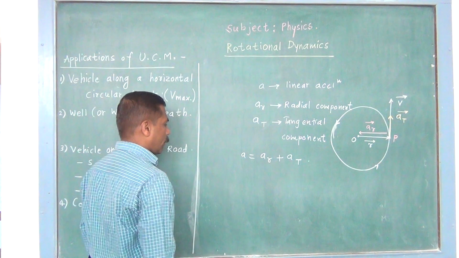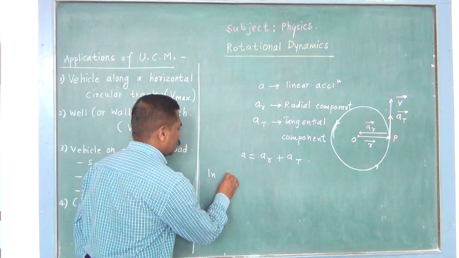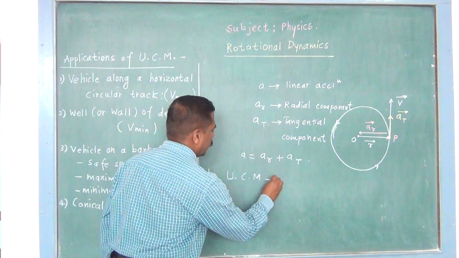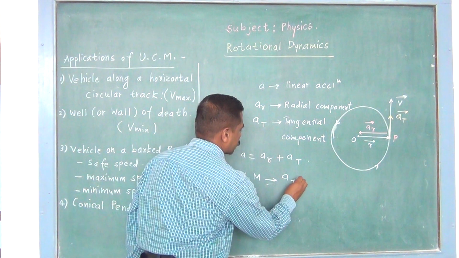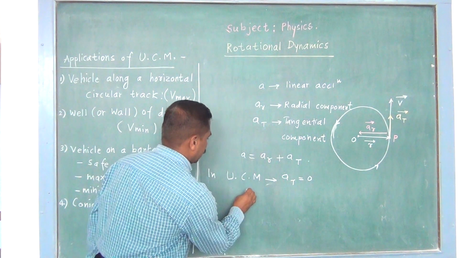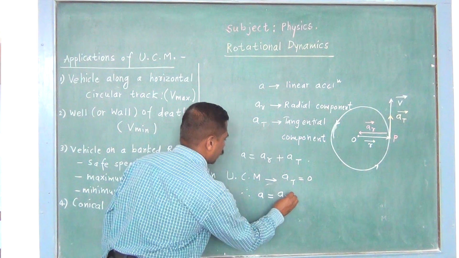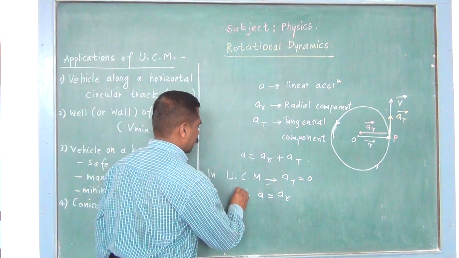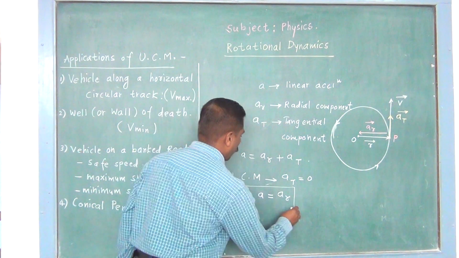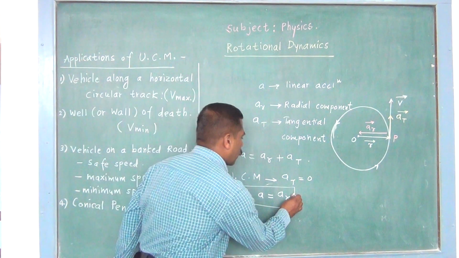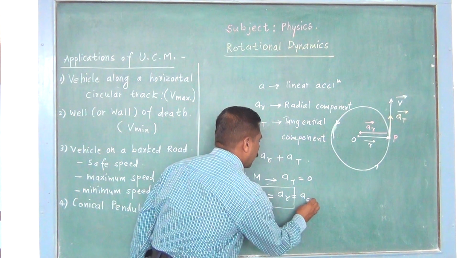So in case of UCM, tangential acceleration is 0. Therefore, the total linear acceleration is only the radial or centripetal acceleration.